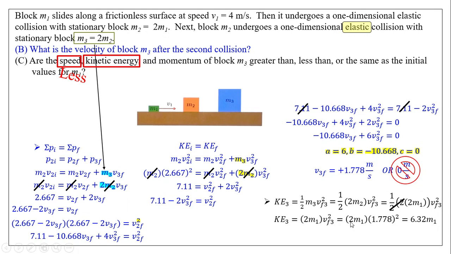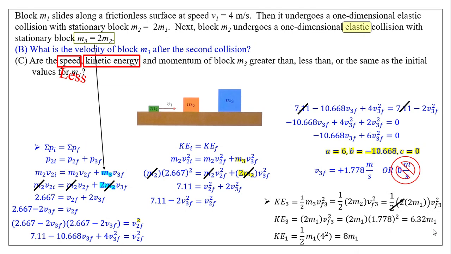So I'm going to stick with 2M1 times 1.778 squared. We calculated earlier that VF3 is 1.778. So I substitute it in, square that and multiply by 2, and it gives me 6.32 M1, whatever M1 is.